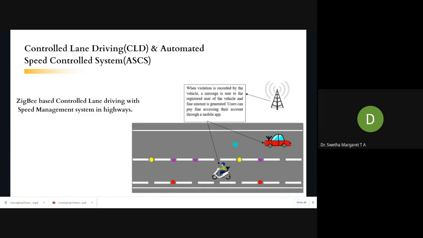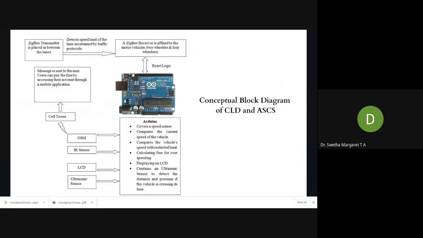The same thing would happen with a two-wheeler as well. Finally, we have a GSM network that would send an SMS to the registered phone number, saying a violation has occurred and a penalty is to be paid in order to release the jam. So this is the exact understanding of the prototype. Now, the conceptual block diagram is to give an idea of how we are using this.